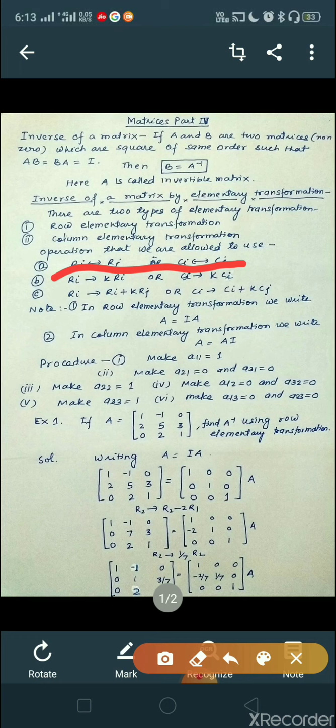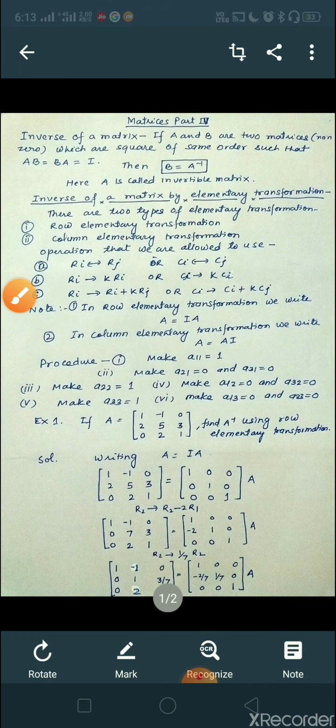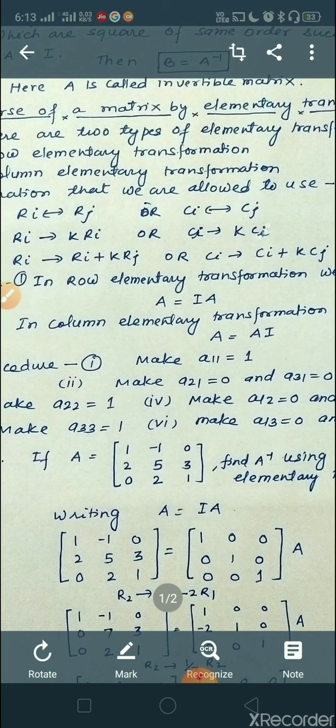Same happens with the columns. Next, Ri can be replaced by K Ri, or Ci can be replaced by K Ci. You can see here, means you can replace R1 by multiplying any scalar to it, and the same happens with columns.